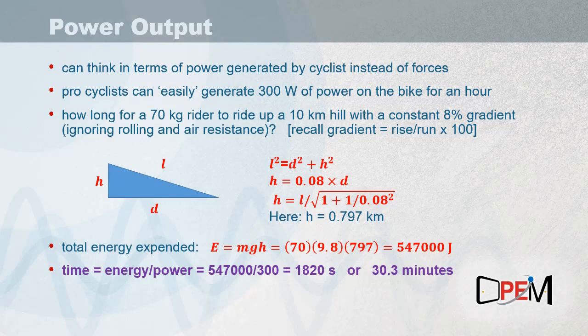So remember that road gradients are defined as the rise, the vertical distance change, divided by the run, the horizontal distance change on the hill, and then times 100 to turn it into a percentage.